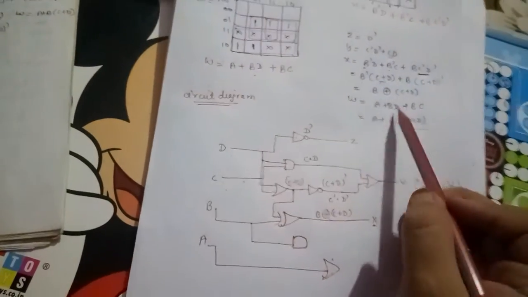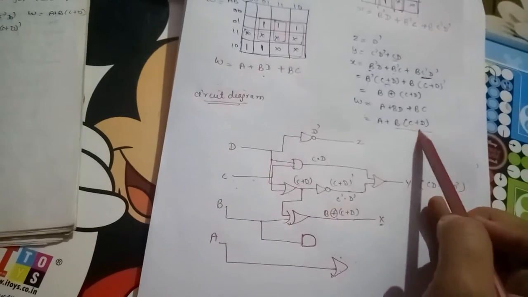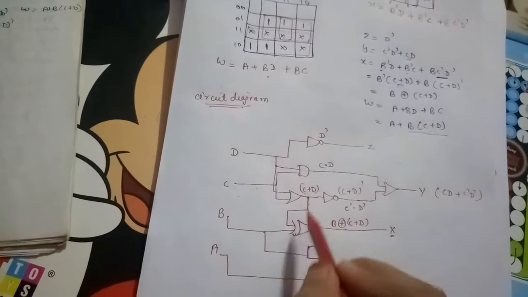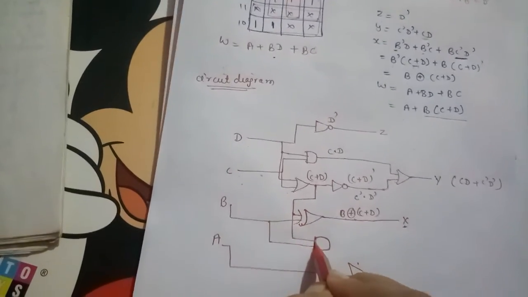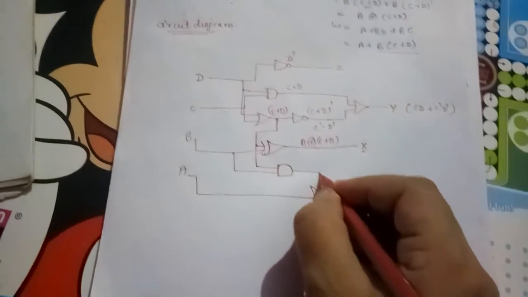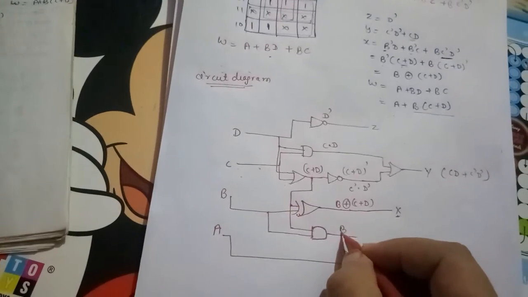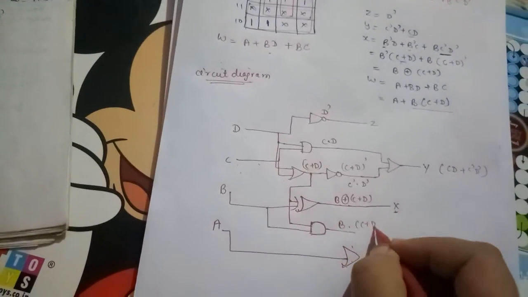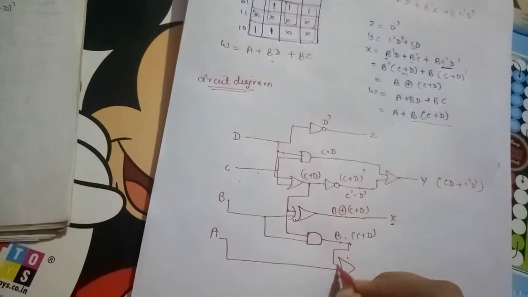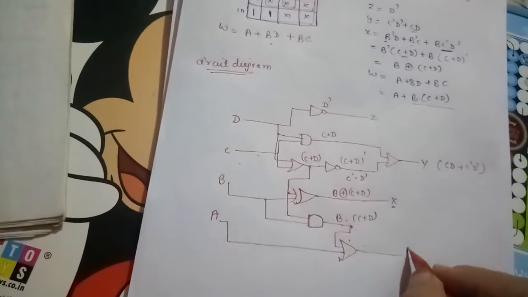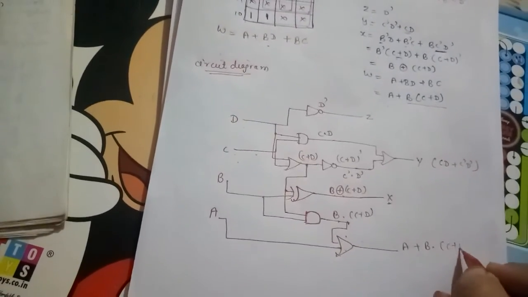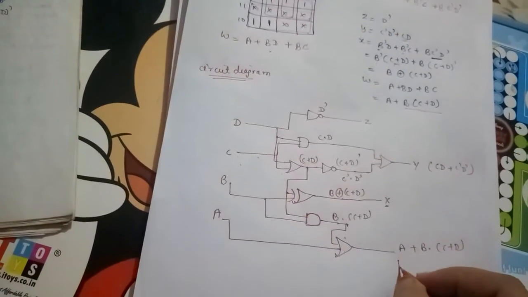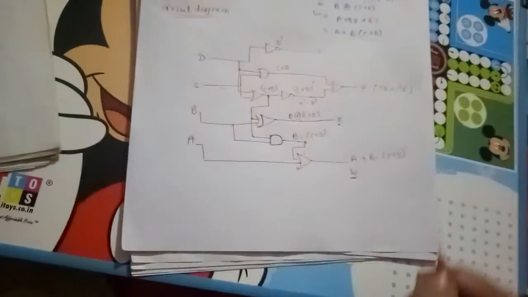B is here, then the next input required is C plus D. C plus D is at this location, so we'll take the input from this, right? So this is B dot C plus D, and this is given to this OR gate. This OR gate is performing A plus B dot C plus D, which is equivalent to the W variable.